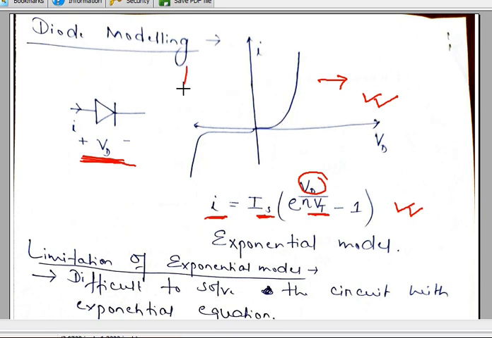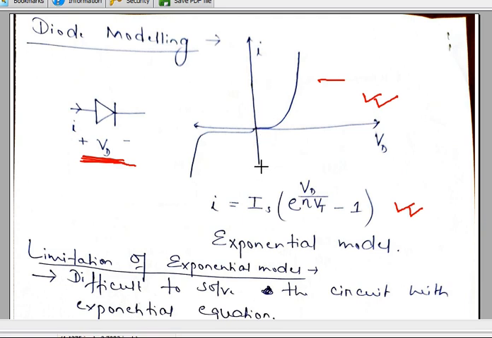Linear means between I and V there is this kind of relationship: it should be a straight line passing through the origin only. Then only Ohm's law is valid. But here you can see that the diode is not a linear element, so Ohm's law is not valid. So we cannot write the KVL and all these equations. So it becomes difficult to solve the diode problems.